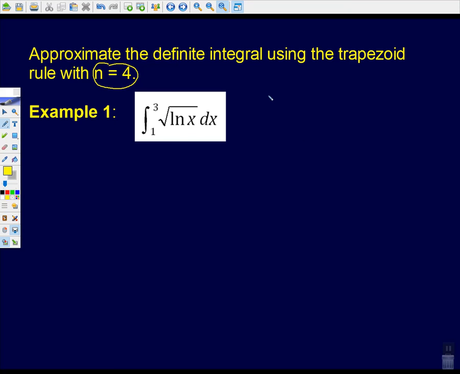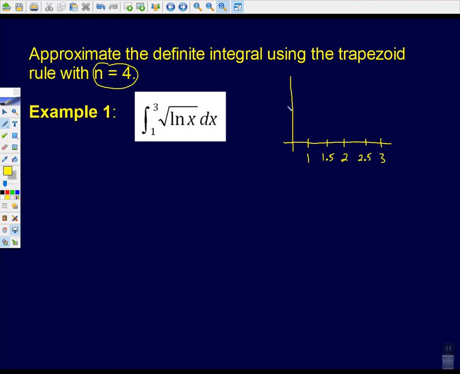And so this time what I'm mainly going to be drawing as a graph is a layout of the x-axis. This is supposed to take us from x equals 1 to x equals 3, but dividing it into 4 parts, meaning I'm going to count by halves. So I'm going to go from 1 to 1.5, to 2, and then to 2.5, and then to 3.